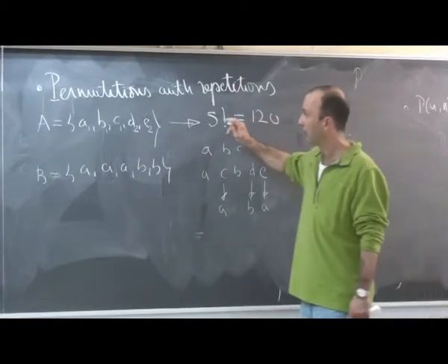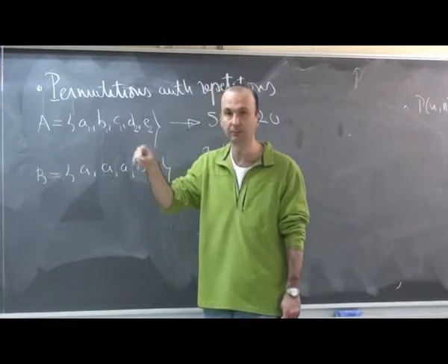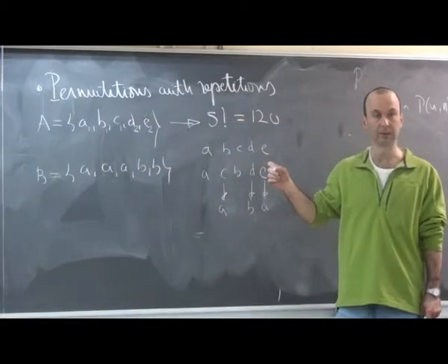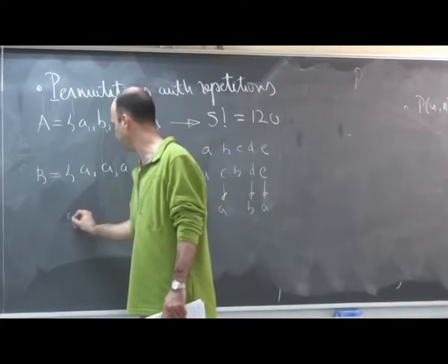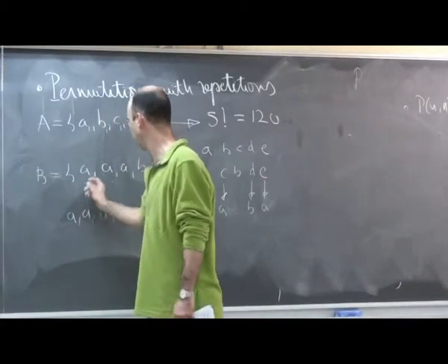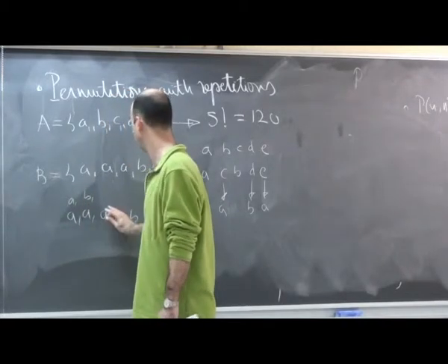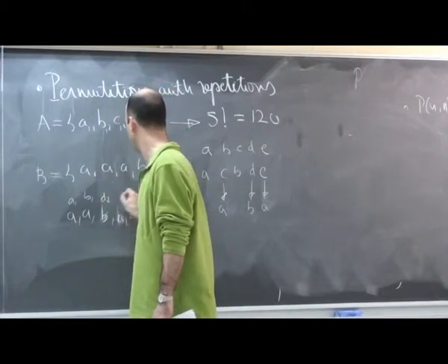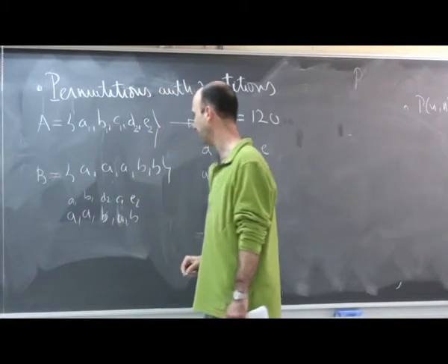And then when I have 1, 1, 1, I just write A. Right? So, if I have A, B, B, this may be A1, B1. Let's change this. Something like that, right?